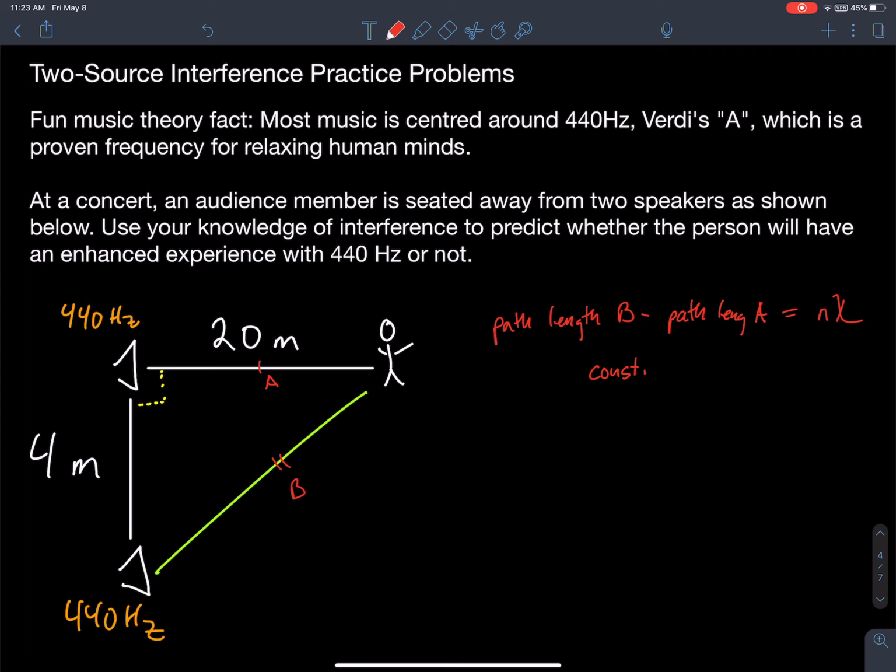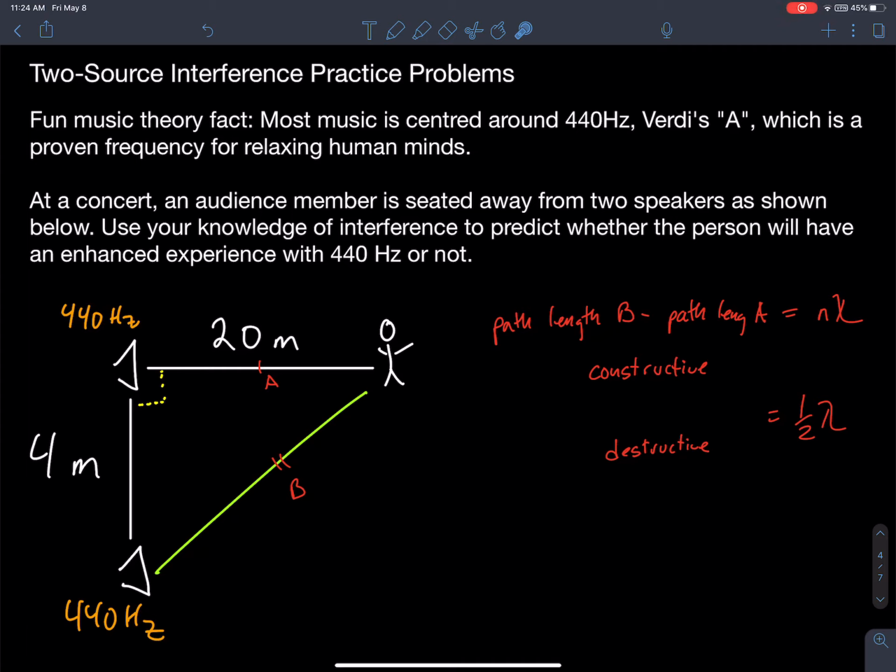Do you guys remember that? Okay, and on the other hand, if it's equal to 1/2 of a wavelength, it's destructive. So the enhanced experience is going to be the constructive path. The horrible experience, bad seating, want my money back, is if that path length difference is going to be on the order of 1/2 a wavelength.